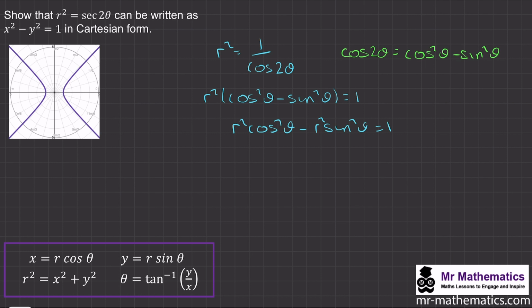And because we're told that x equals r cos theta, this means that x squared will be the same as r squared cos squared theta. And similarly, this will be equal to y squared is equal to 1. And this is exactly what we were trying to show.